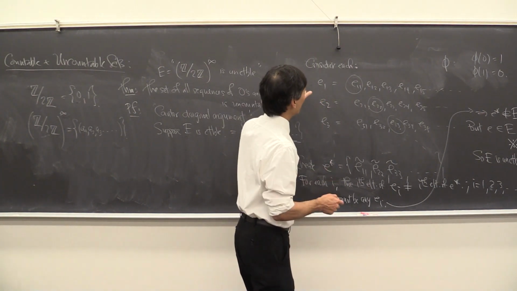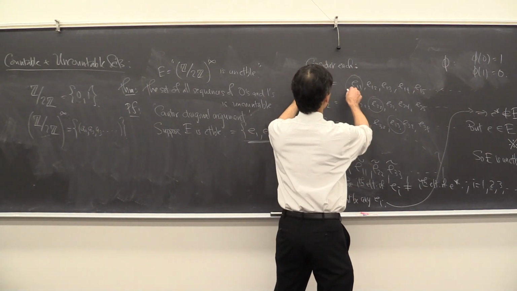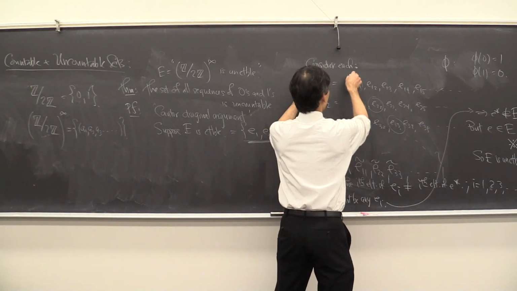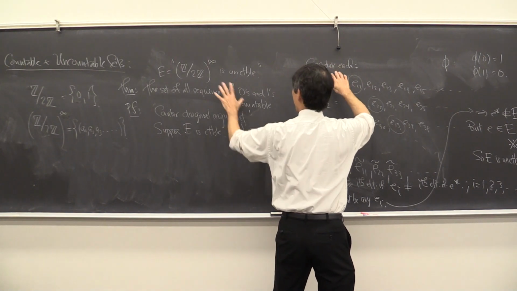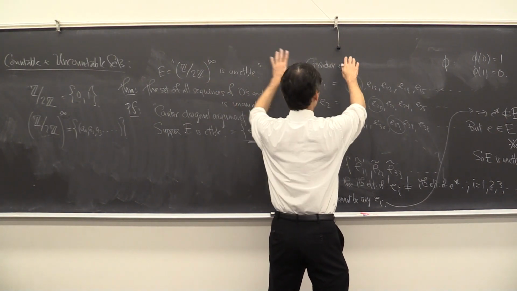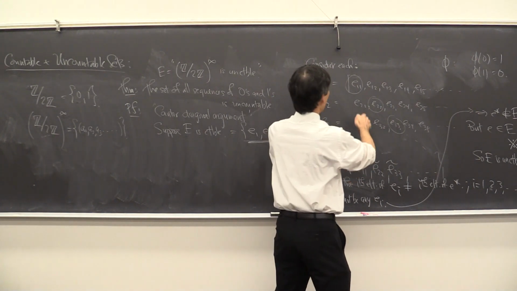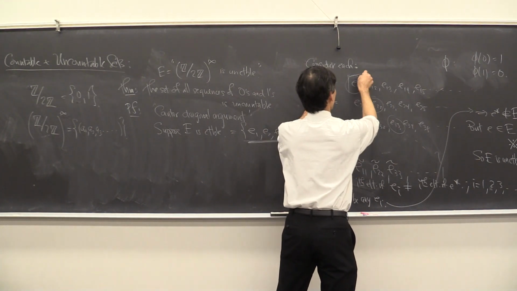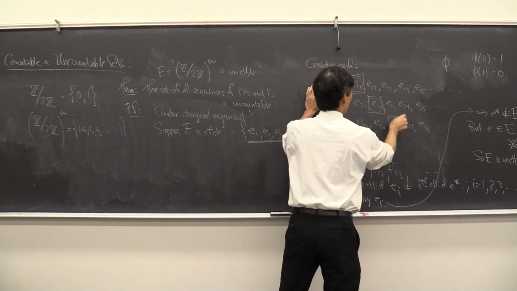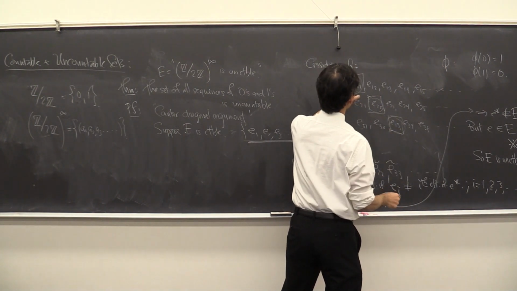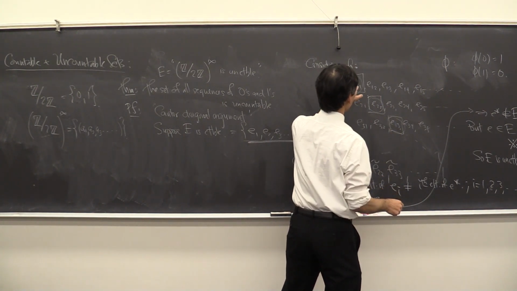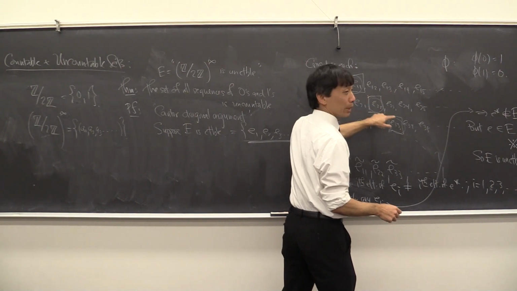Here's what I want to do. The idea is that first you take all of the sequences and put them into a list. And then you make a new sequence. The new sequence is obtained by going down the diagonal, and creating something that disagrees with that element.